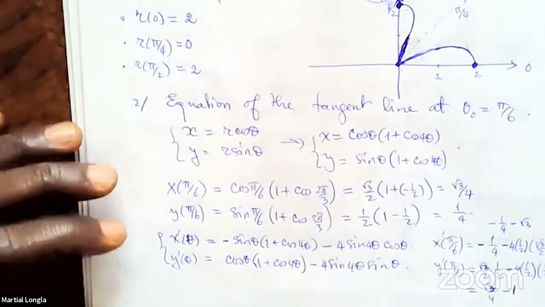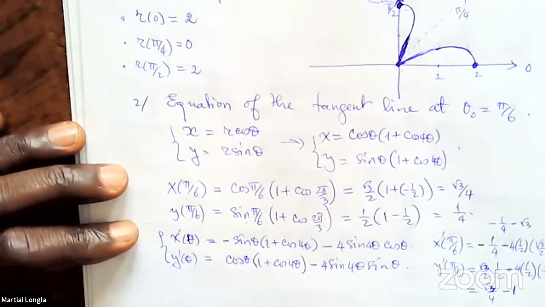So we got those numbers, and the equation of the tangent line, what is it?